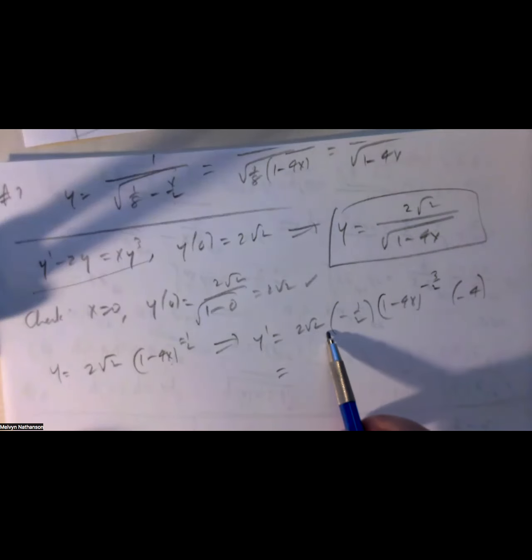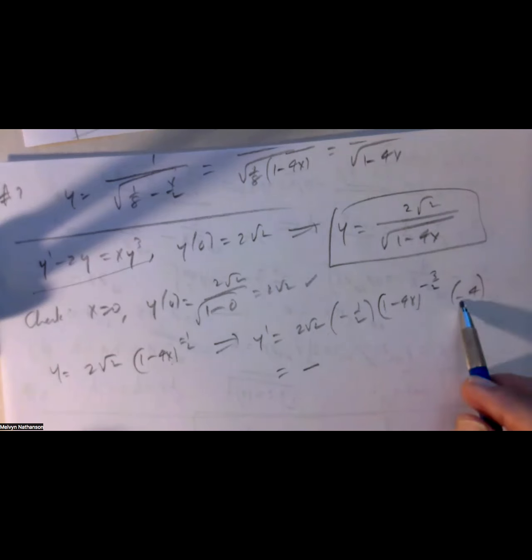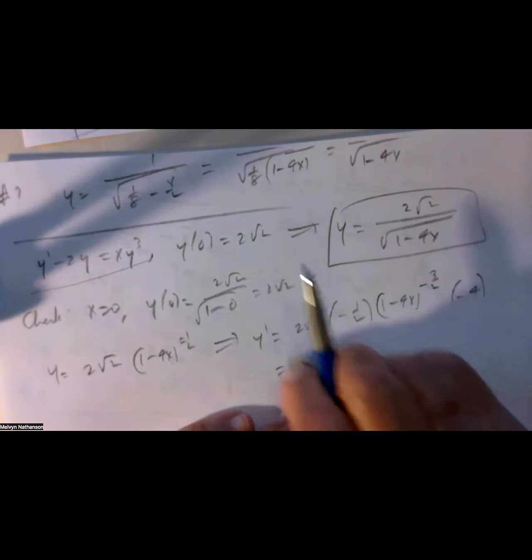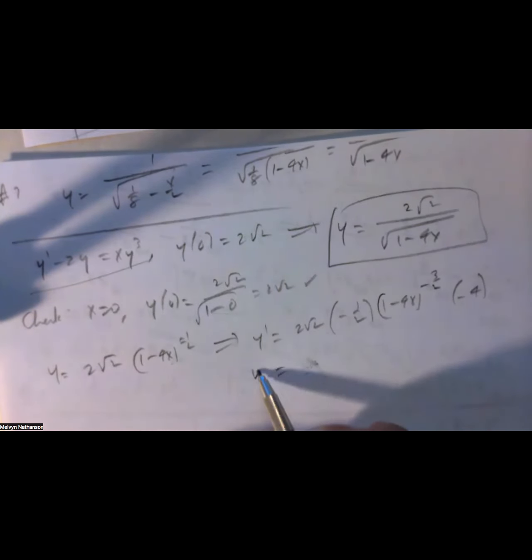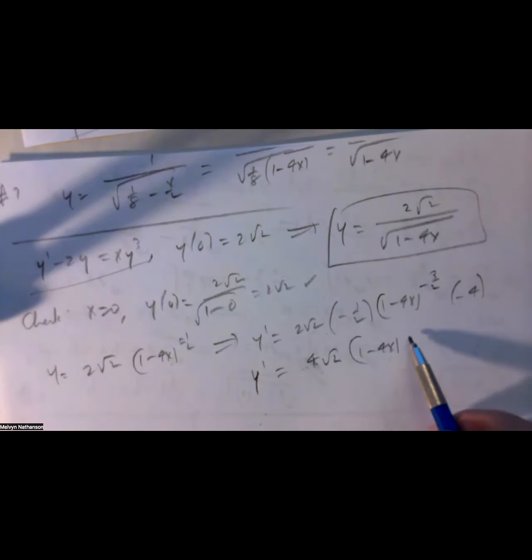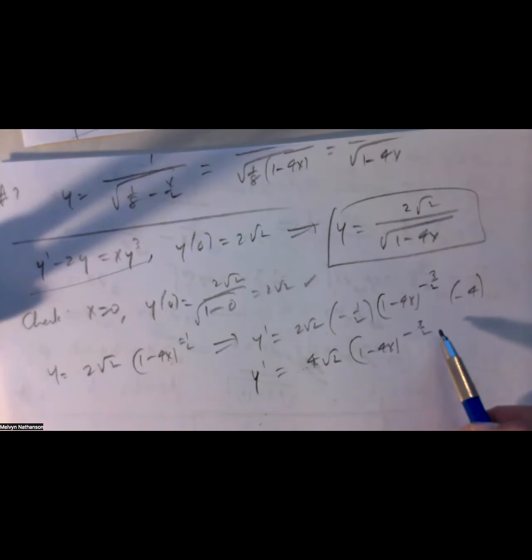So these twos cancel, minus times minus is plus, and y prime is equal to 4 root 2, 1 minus 4x to the minus 3 halves.